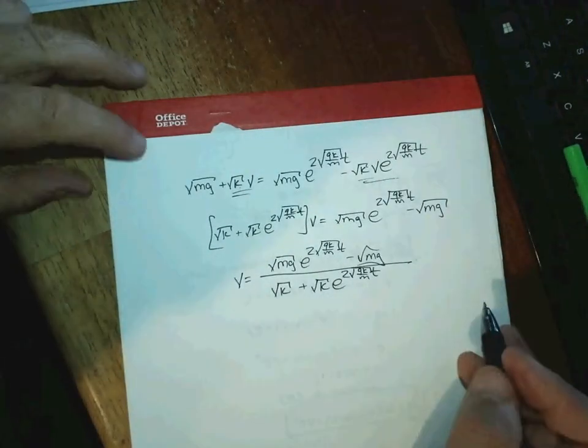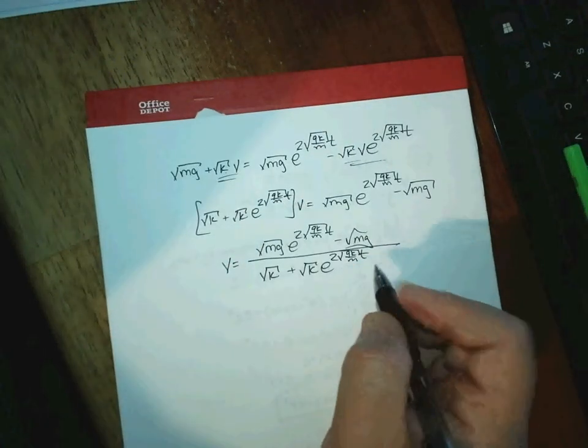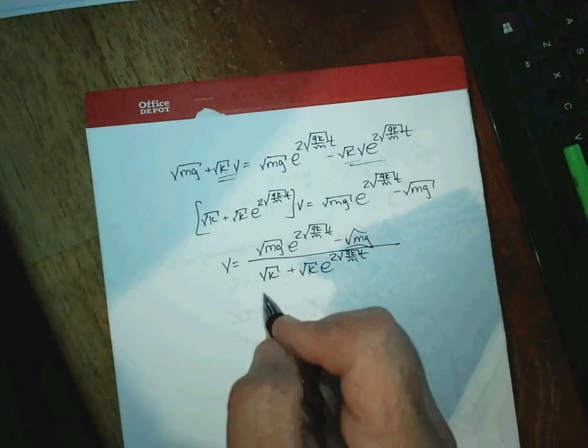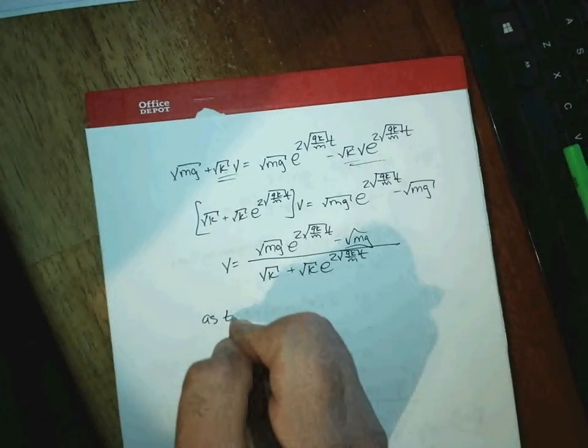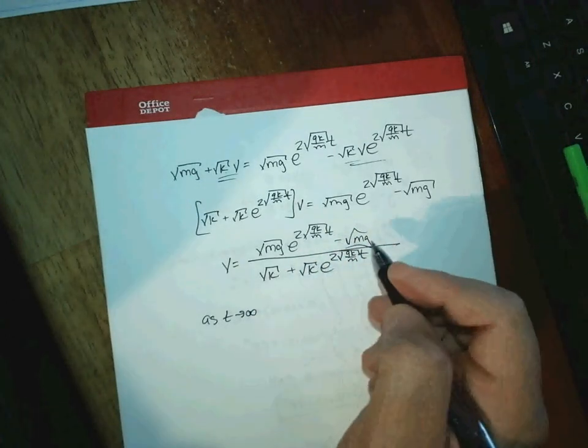And there's your solution. All right, now recall what we really cared about from this, perhaps in our simple example, was what happens as time goes on. What terminal velocity do we achieve?